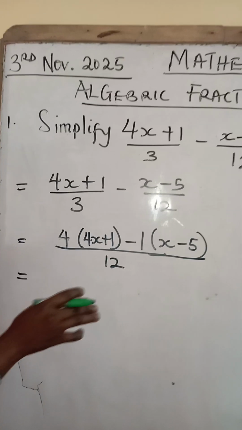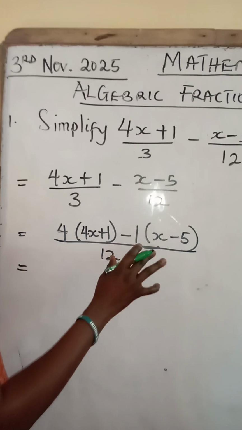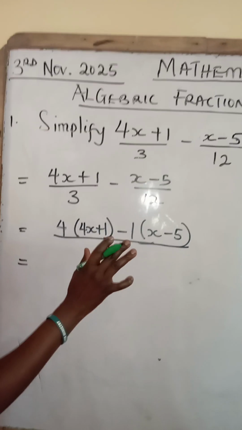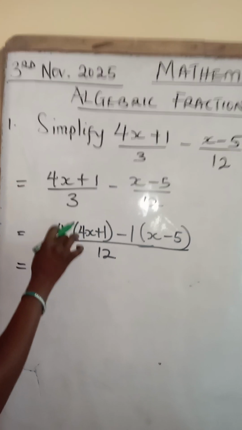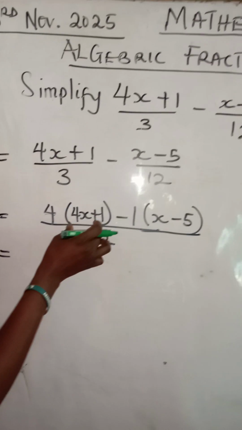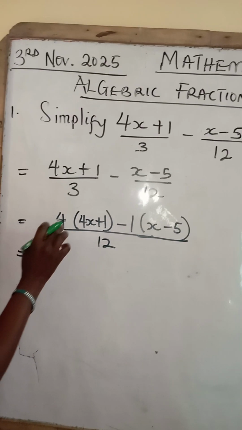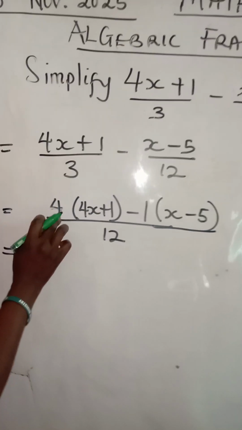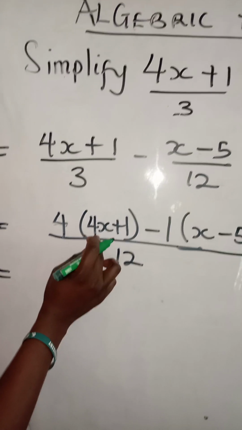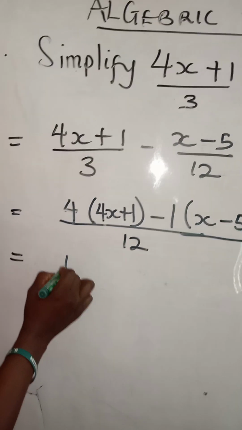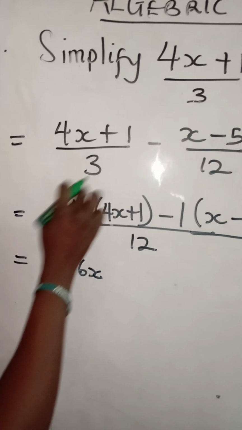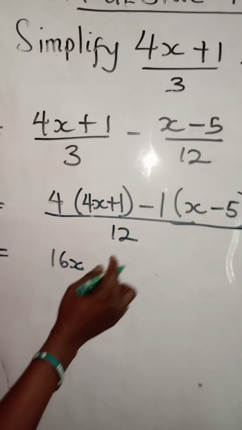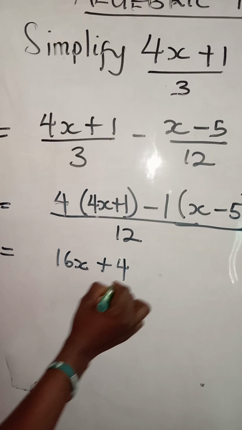The next simplification you do is to open up the bracket of your numerator. By opening up the brackets, you have to multiply the number you have outside by whatever you have in the brackets. So we start from the left hand side. 4 multiplied by 4x, we have 16x. 4 multiplied by plus 1, we have plus 4.